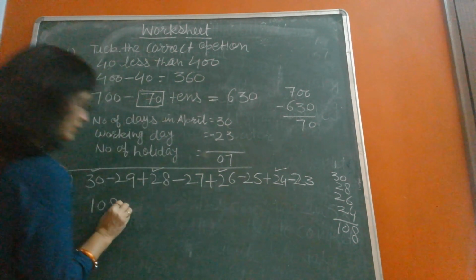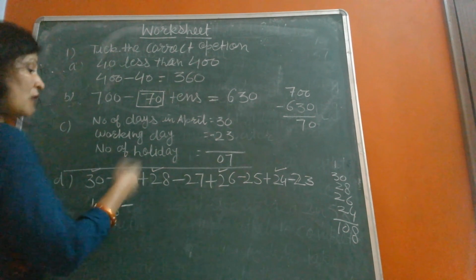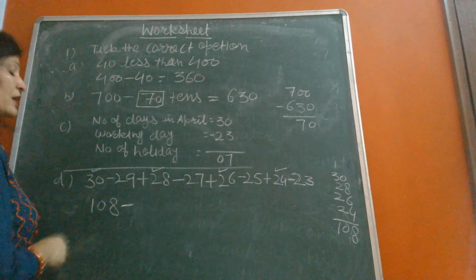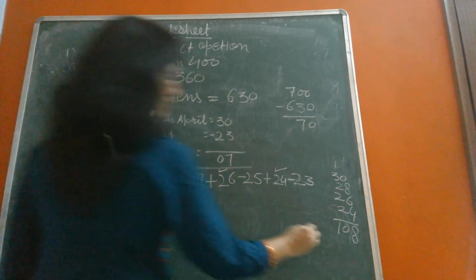Now we put the sign of minus and see which numbers are in minus: 29, 27, 25 and 23.